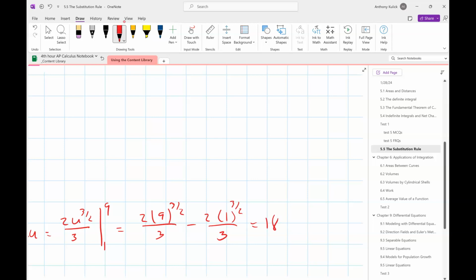The square root of 1 is 1, 1 cubed is 1, times 2/3 is 2/3. So this is going to be like 17 1/3 or something. Done.